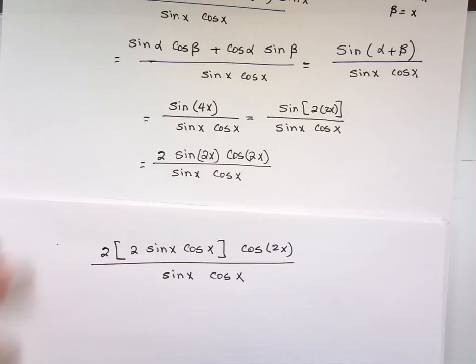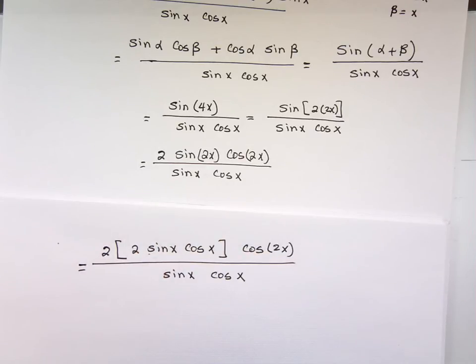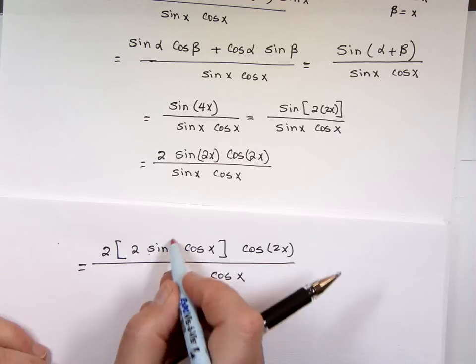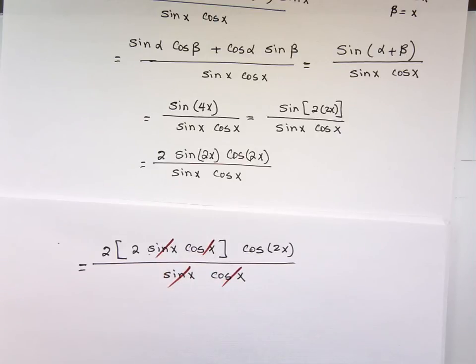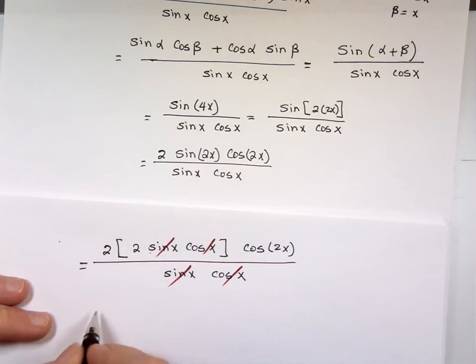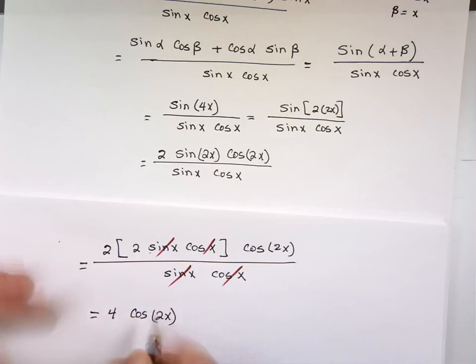So I just took the sine of 2x and replaced it with this. Does anything cancel here? Look at this, this, and that. What's 2 times 2? 4 times cosine 2x. And if you want to open cosine 2x, go ahead, but that's fine.